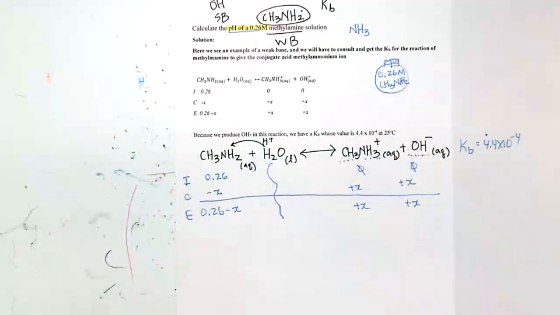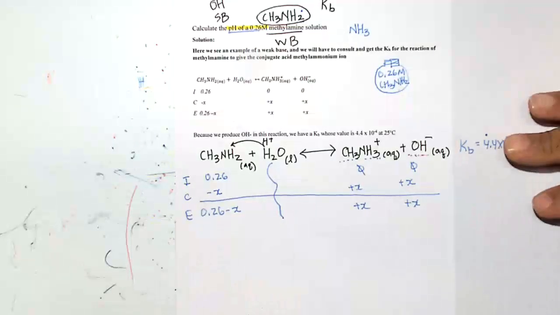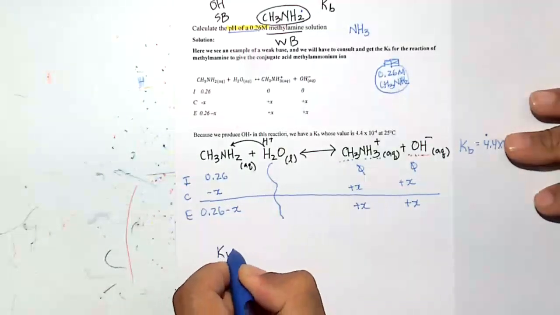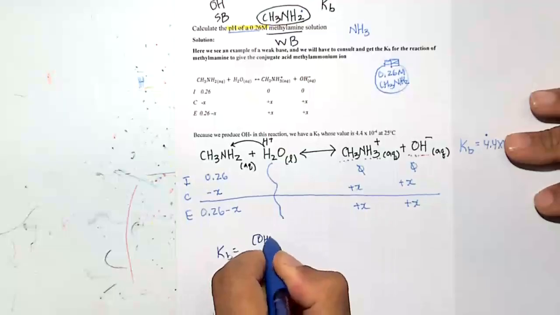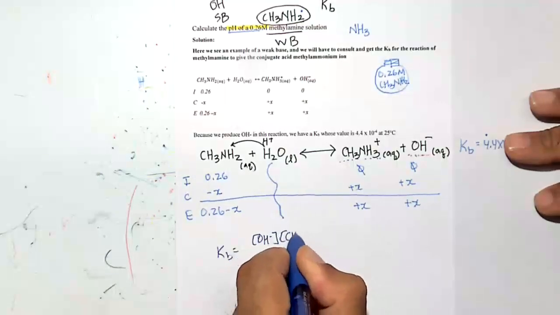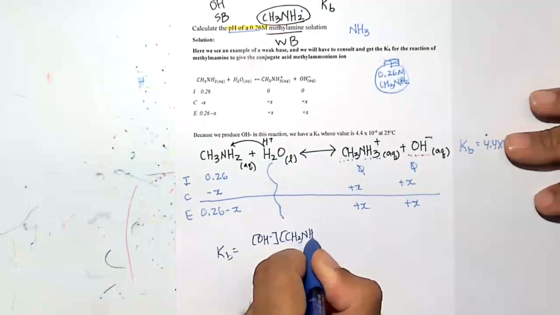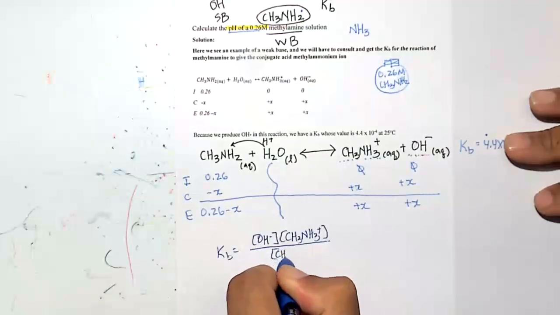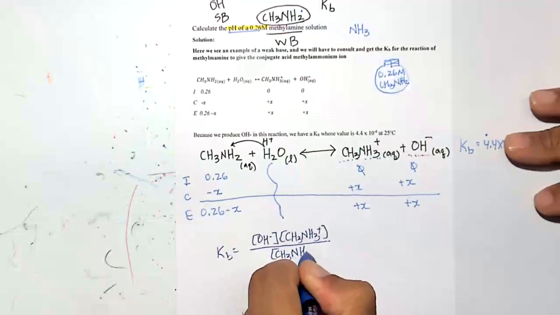All right, let's plug this into our equilibrium. All right, so Kb is equal to OH minus times CH3NH3 plus divided by CH3NH2.